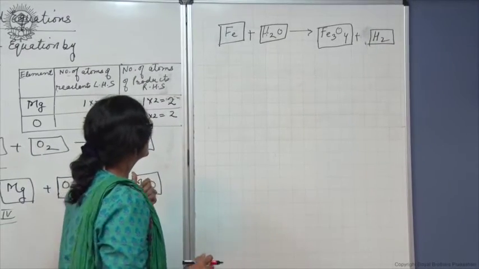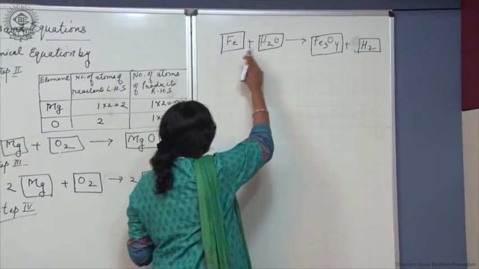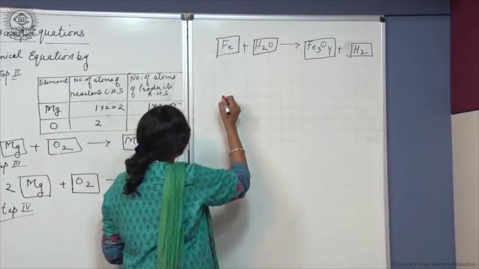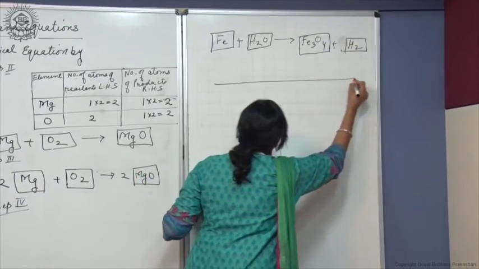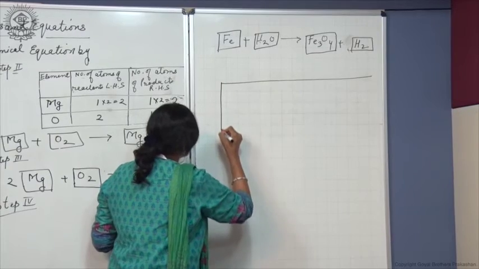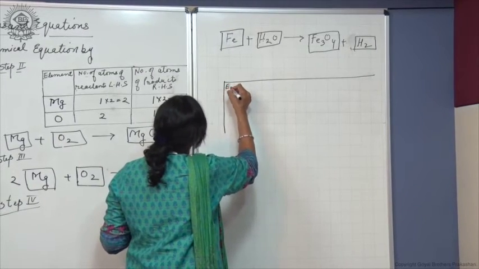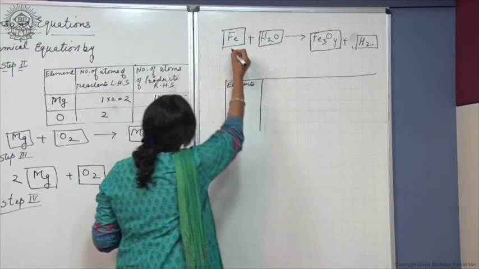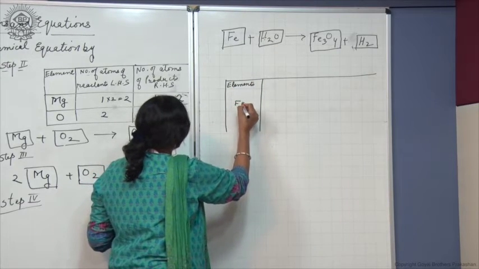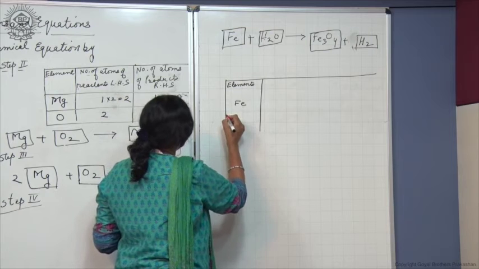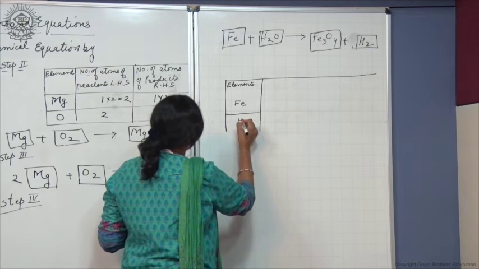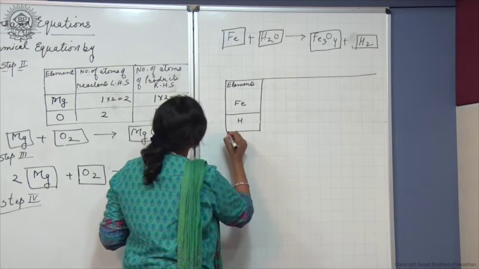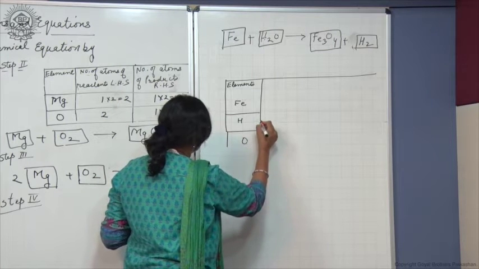But before that, first of all, after drawing the boxes, we will make the table. Elements: how many elements are there? There is iron, then hydrogen, and then oxygen. Is it okay?